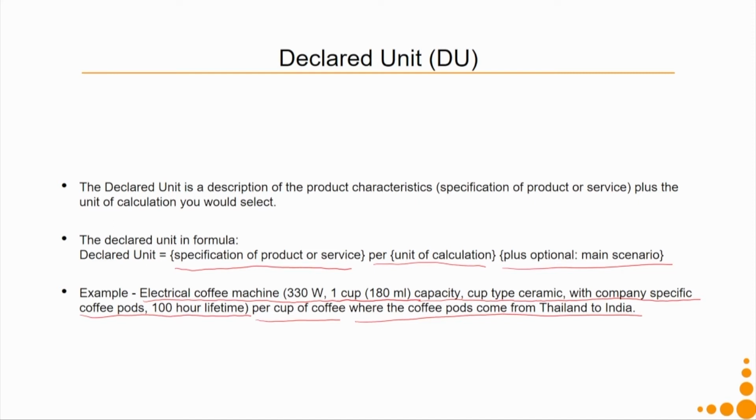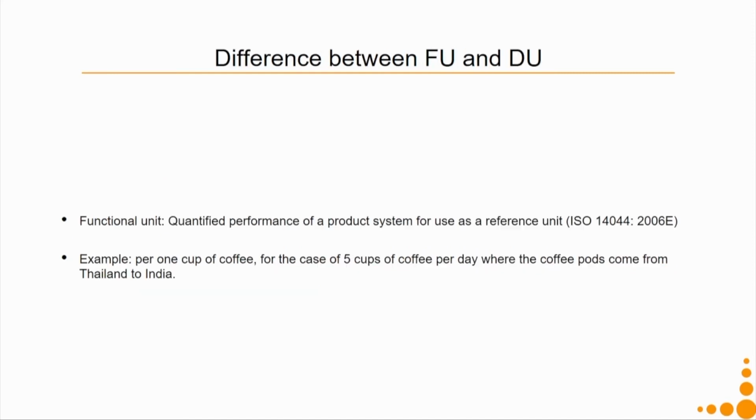Let's compare it with the functional unit again, that will make things more clear. In the functional unit, what we have is a quantified performance of a product system, which is per 1 cup of coffee for the case of 5 cups of coffee per day, along with the main scenario.